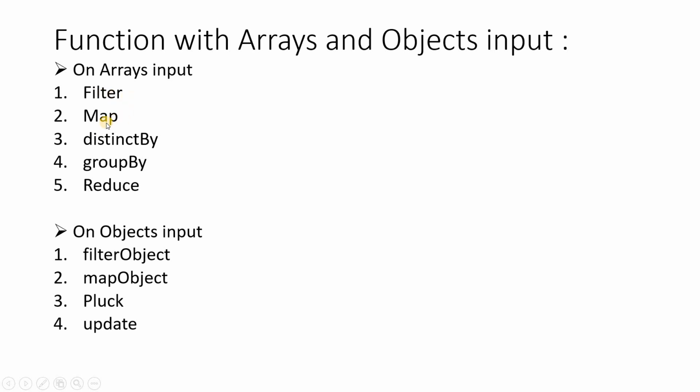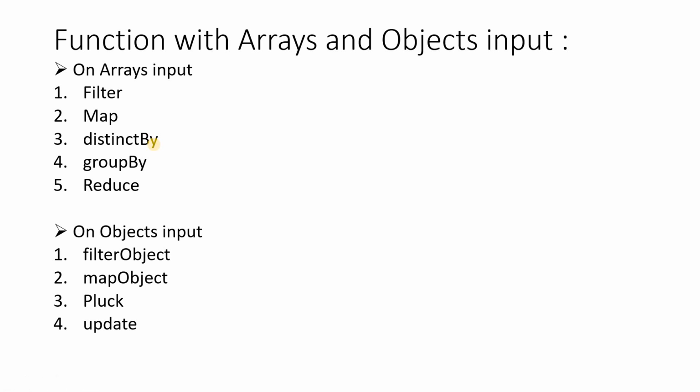Map is used on array input to iterate over the data. Let's say we have an array with multiple objects, we can iterate over that data through the map function. DistinctBy is used to find the unique records from the input.